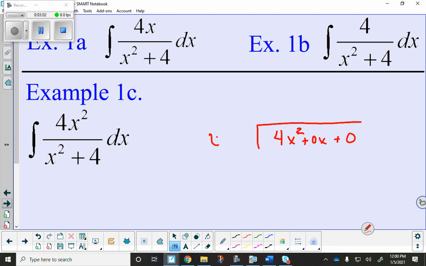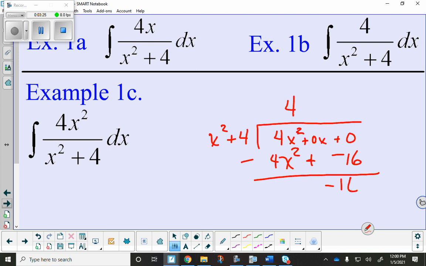I'm going to divide by x squared plus 4. And when I do that, I get 4 up here. So that means that when I subtract, that gives me negative 16 as my remainder.